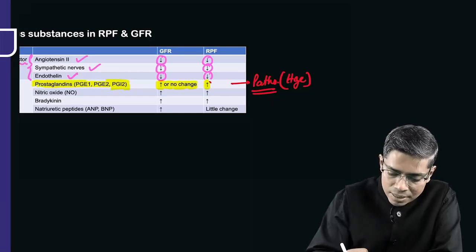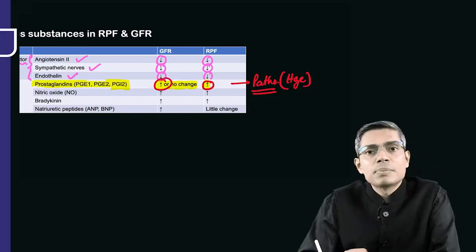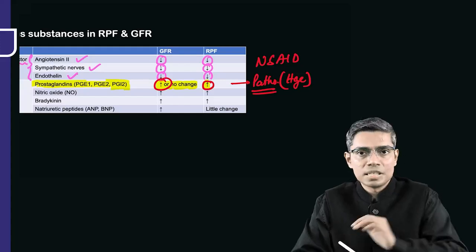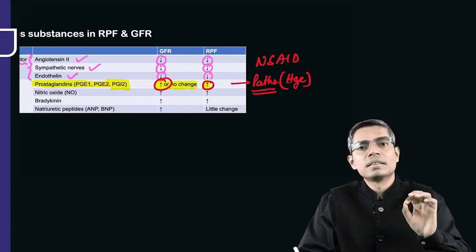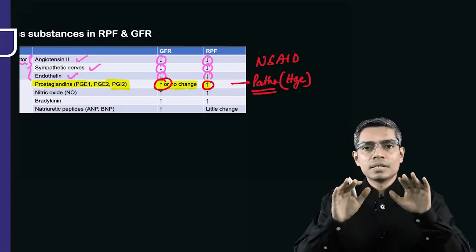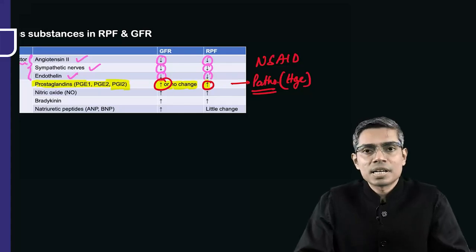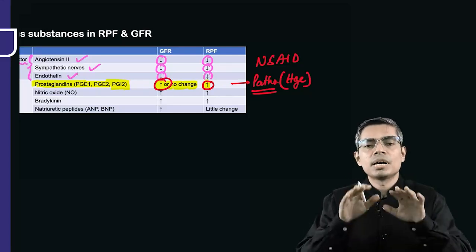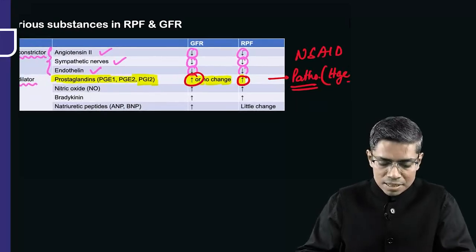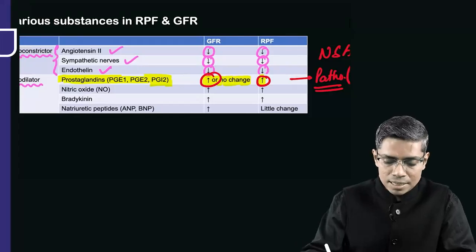In this condition, if you inhibit prostaglandin production by giving NSAID kinds of drugs, which inhibit prostaglandin production, that can be detrimental, because they will reduce the production of prostaglandin and your renal plasma flow and GFR will go down. So remember that prostaglandin is very important during the pathological condition.